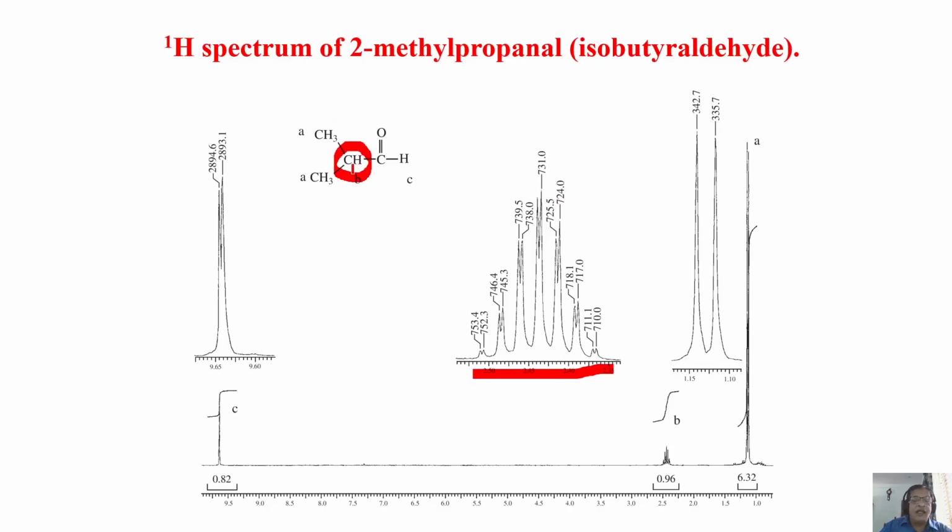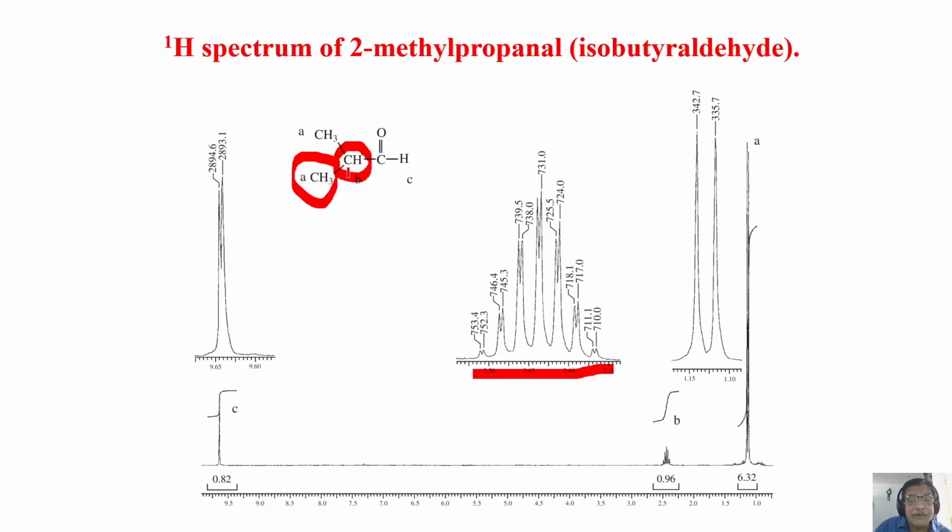One CH3 splits this into a quartet, and each line of this quartet is split into another quartet by the other CH3. A quartet is 4 lines, with intensity 1, 3, 3, 1. Each line is again split into another quartet. So 16 lines you have got.